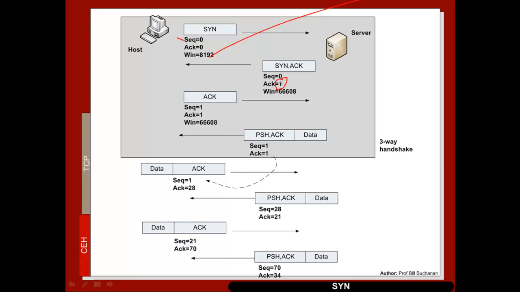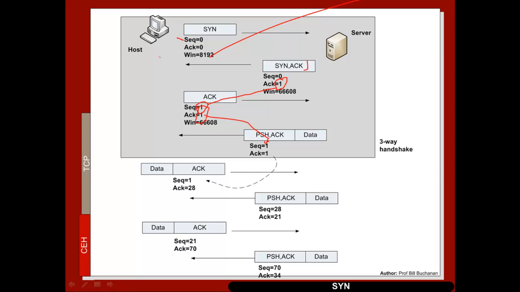So it's acknowledging everything up to that point. In this case, the sequence number is 1, which matches the acknowledgement number here. The client also acknowledges that it's received the SYN-ACK, because it says that it's expecting to see sequence number 1, which it does see next.